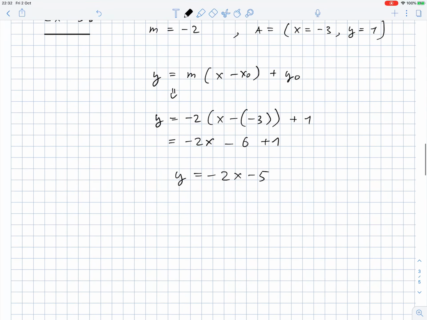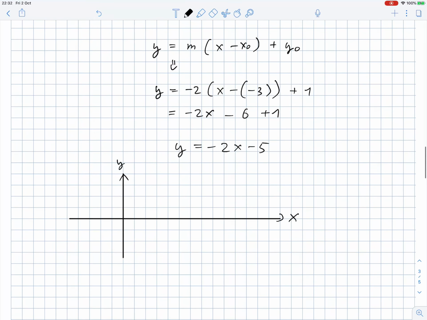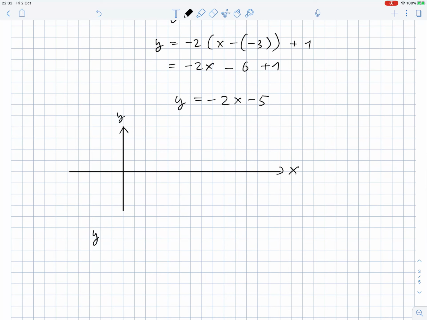Now the last step, we need to draw the graph. Y axis and x. You can choose any 2 points you want. I will choose the first point. I insert x equals 0, minus 2 times 0, minus 5, which means we have this point.